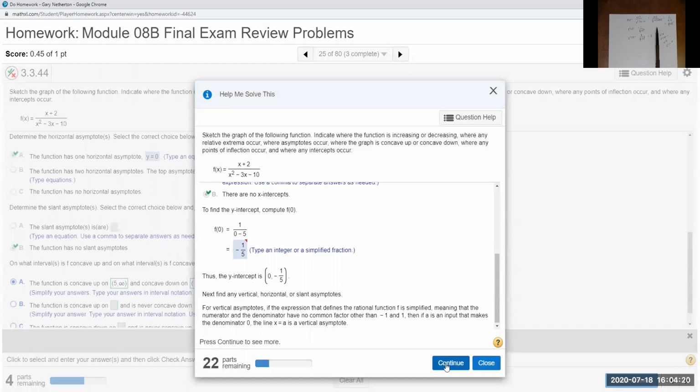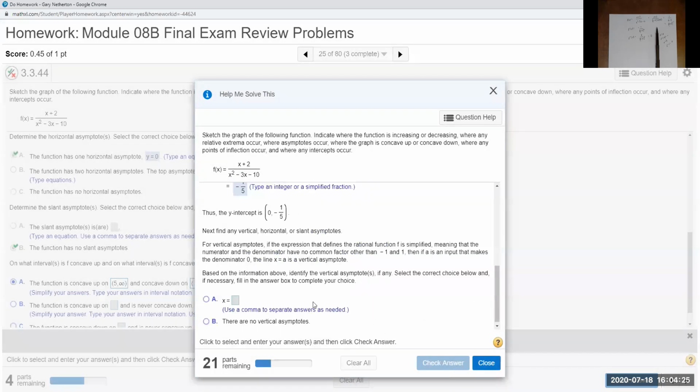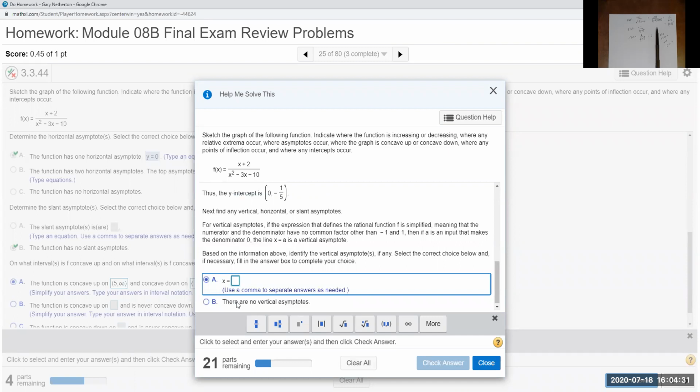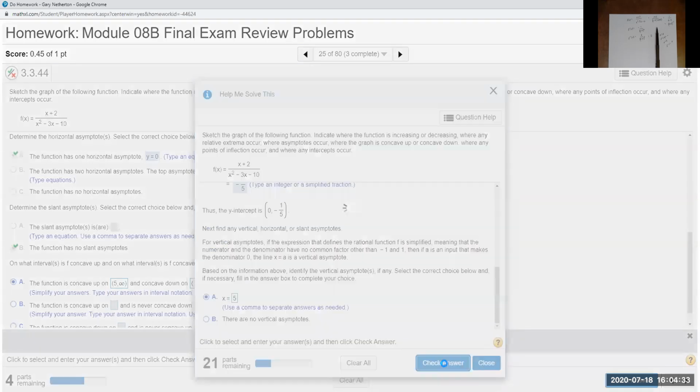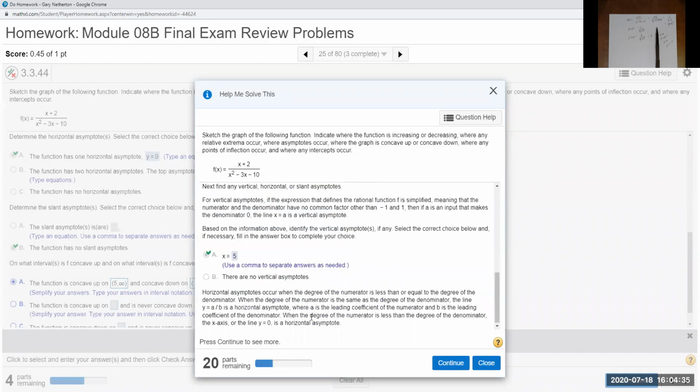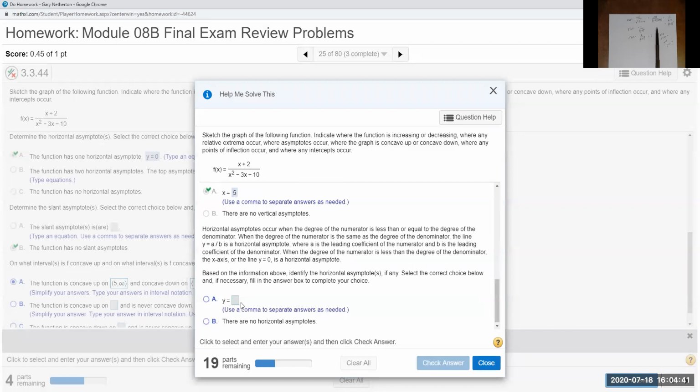All right, asymptotes. We said x equals 5. Horizontal, we said y equals 0.